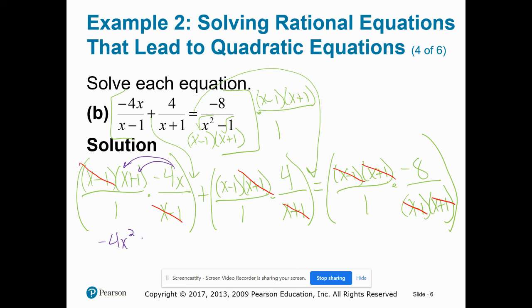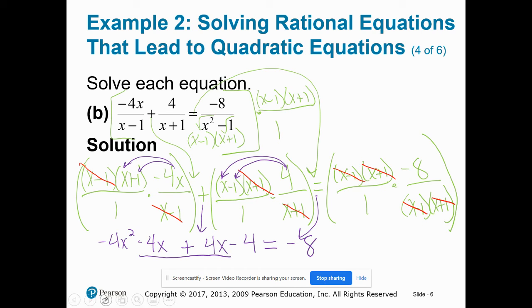Negative 4x times 1 is negative 4x plus 4 times x is 4x. 4 times negative 1 is negative 4 equals negative 8. These are my like terms.